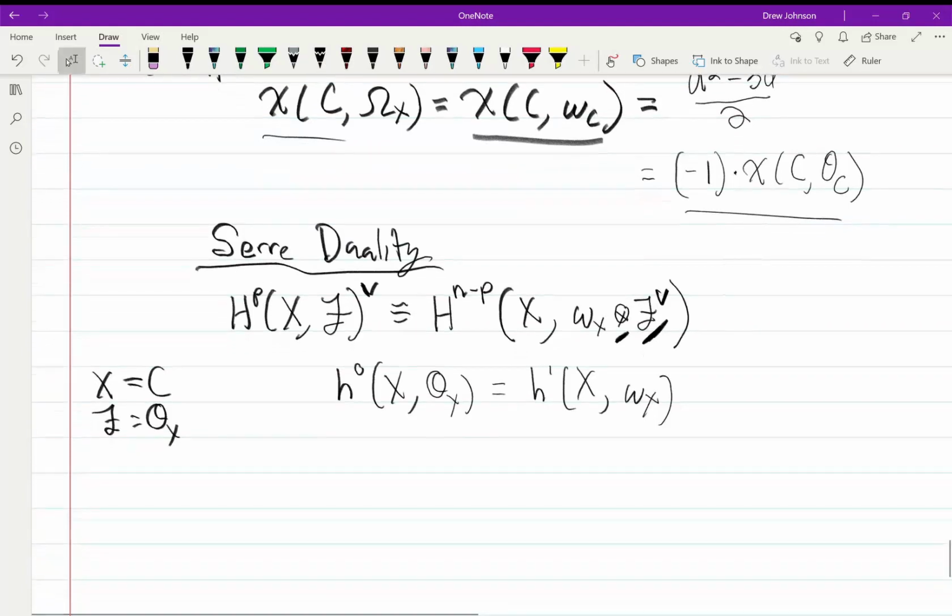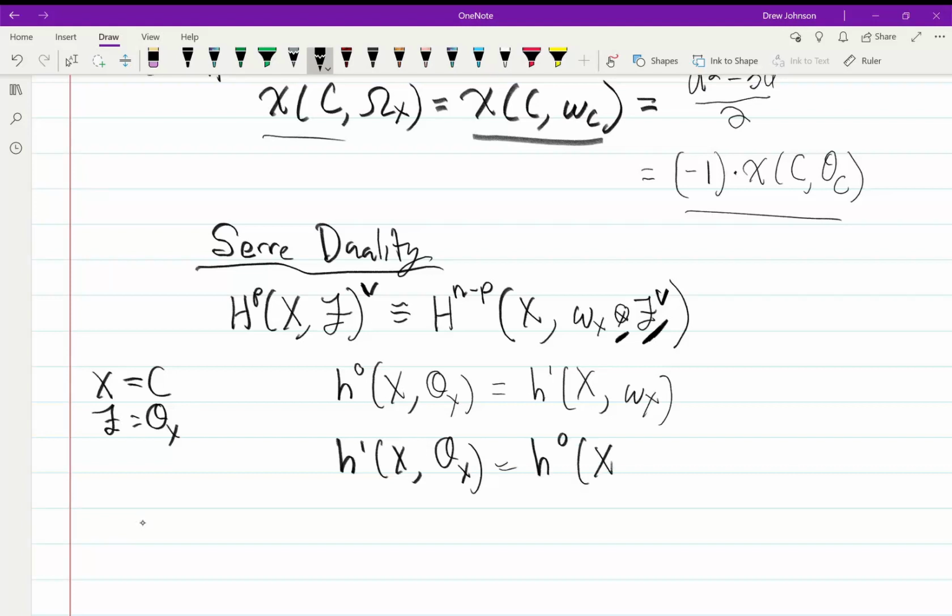Okay, and then we can do the same thing when p equals 1. Then you'll have that this is equal to this dimension.